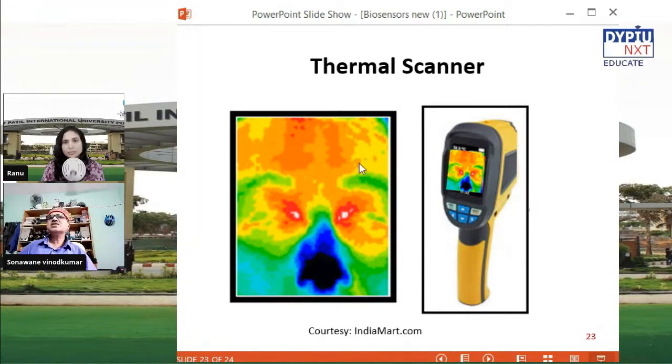So blue is the coolest one, and red is the hottest one. It is again a temperature graph, and it is used widely in many airports and hospitals for recognizing a patient or any normal human being and their temperature graph.